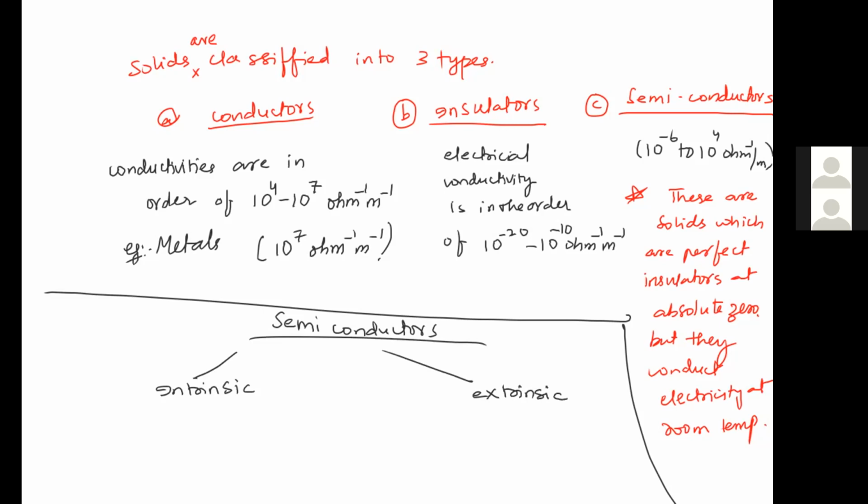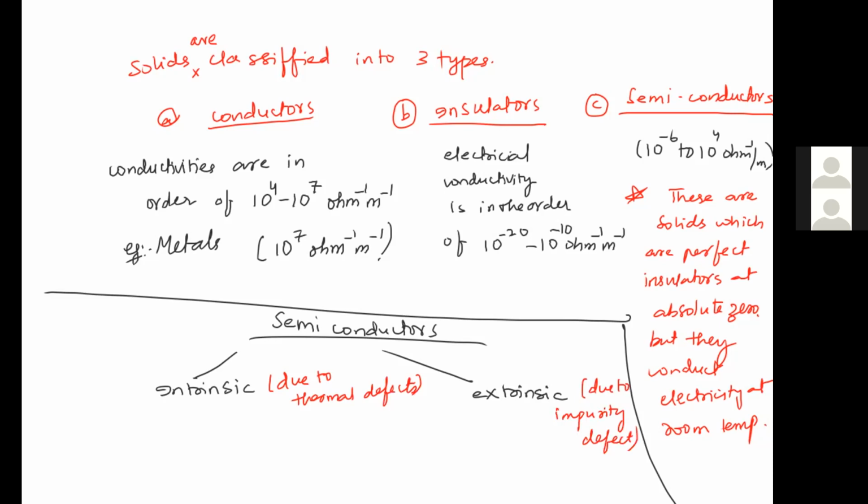So what happens at 0 Kelvin? Intrinsic semiconductors are semiconductors due to thermal defects. Extrinsic are acting as semiconductors due to impurity defects. That is the major difference.